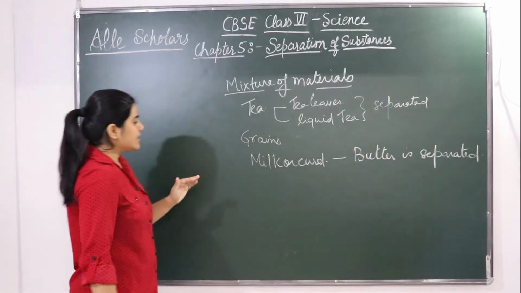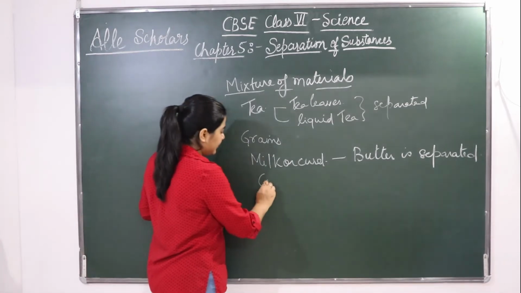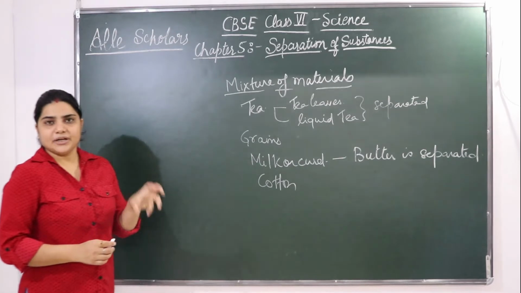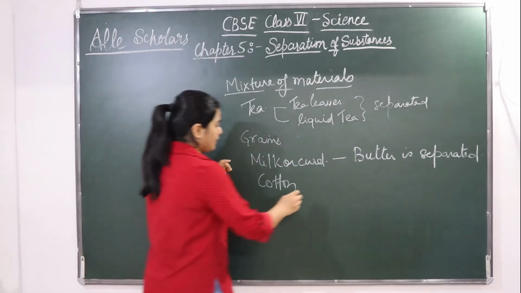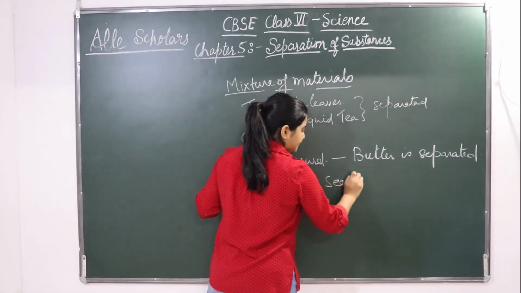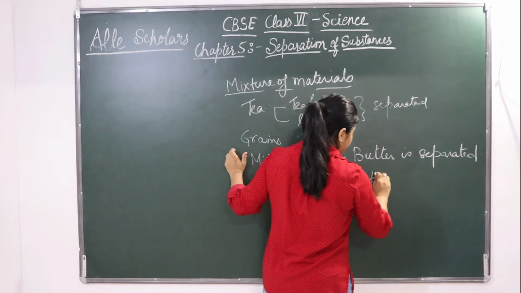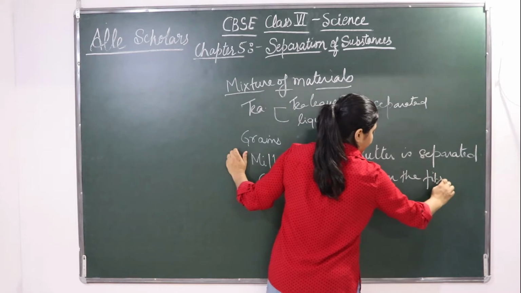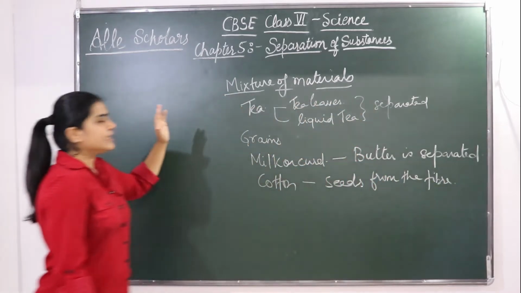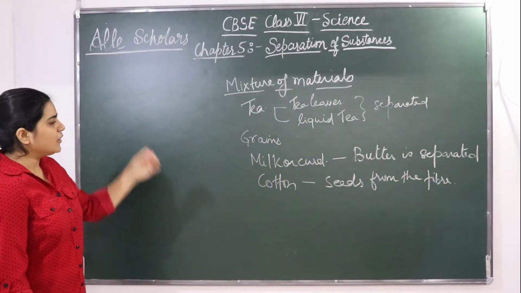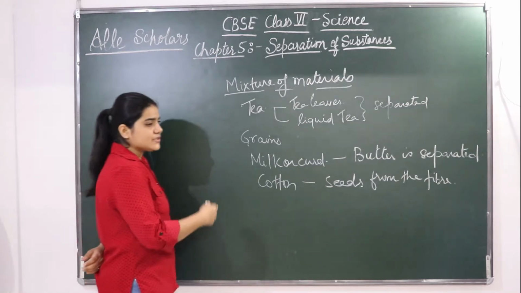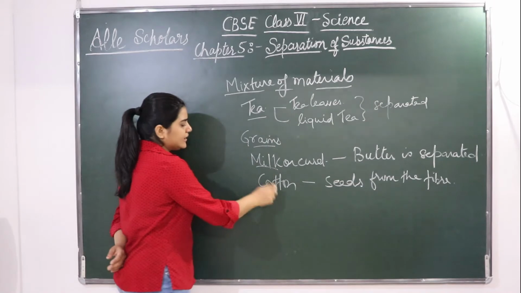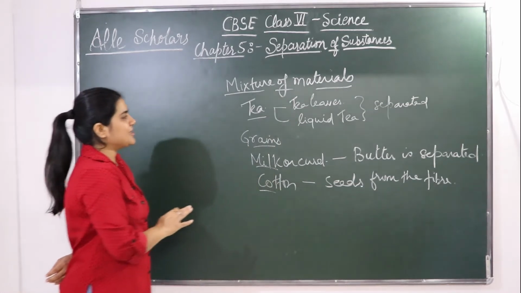Similarly, if you see cotton, cotton is being separated from its seeds. So like this, in our day-to-day life, there are thousands of examples which we come across where separation is being done. In all these, separation is being done.